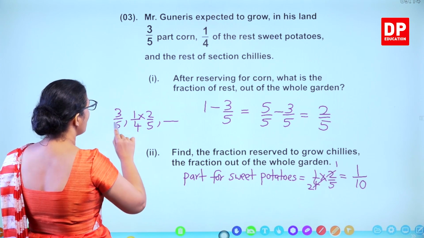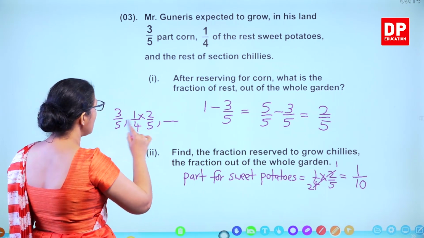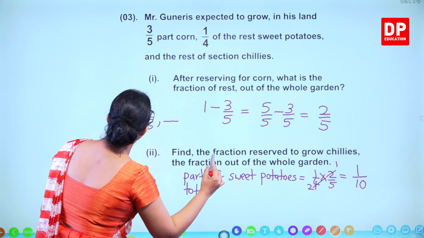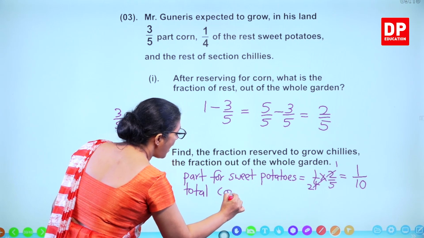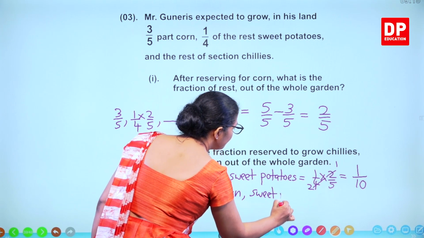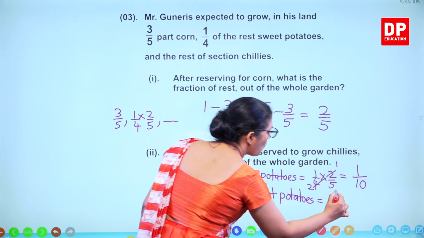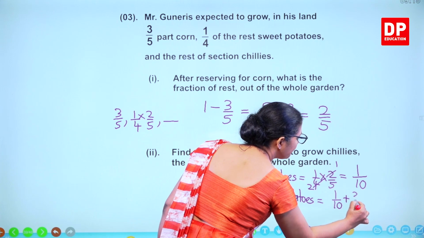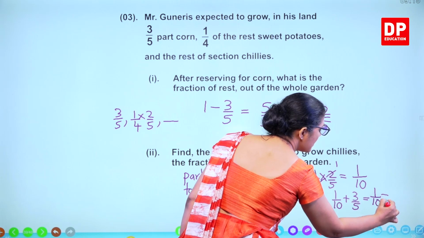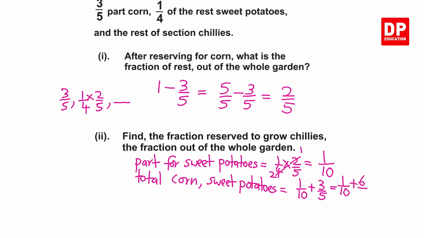The rest means now 3/5 corn and this is 1/10. Together, what's the part? So total for corn and sweet potatoes. One-tenth and 3/5. That means here you can write 1/10 and 3/5 you can convert to the denominator 10, 6/10.